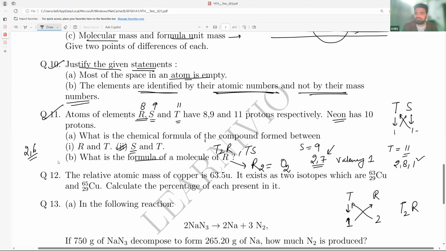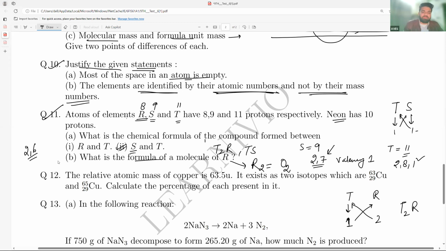Tell me fast. Have you calculated the percentage of this one in your examination? No, sir. I left this question. Why did you leave this question? I didn't know how to do it. Relative atomic mass is given to you, 63.5.